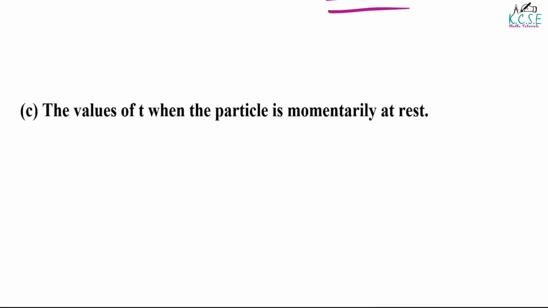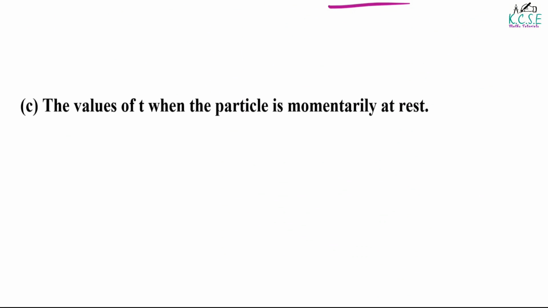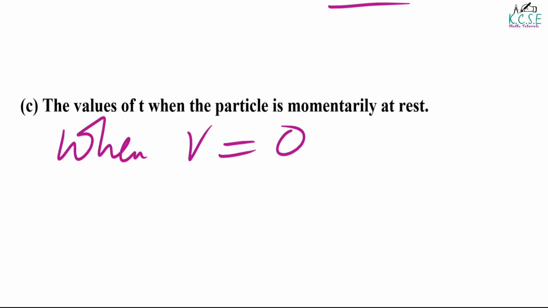The next one is the values of t when the particle is momentarily at rest. We said that the particle is at rest when velocity is 0.